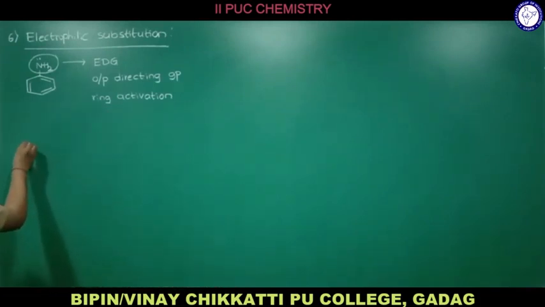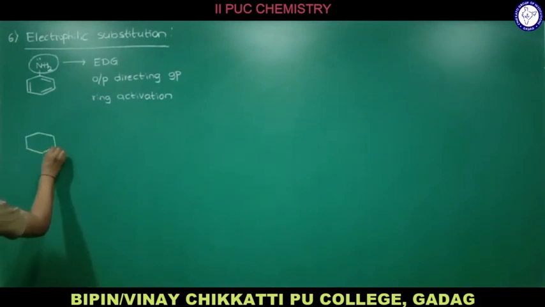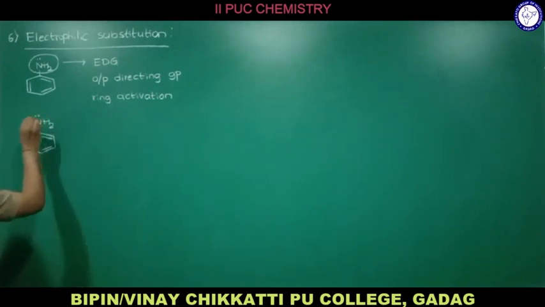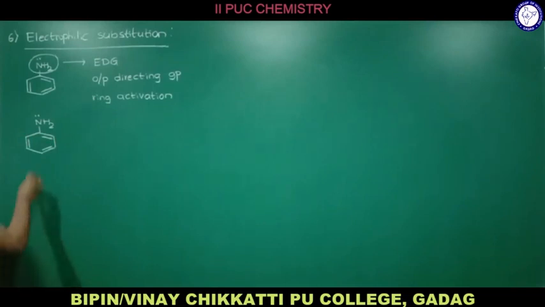As we know, in the case of aniline there will be resonance structures. I explained this already, but let me repeat it because it is very important to understand why this group is ortho and para directing. On the nitrogen we have a lone pair of electrons and the phenyl ring, and this lone pair is the main reason for the basic nature of the amine.